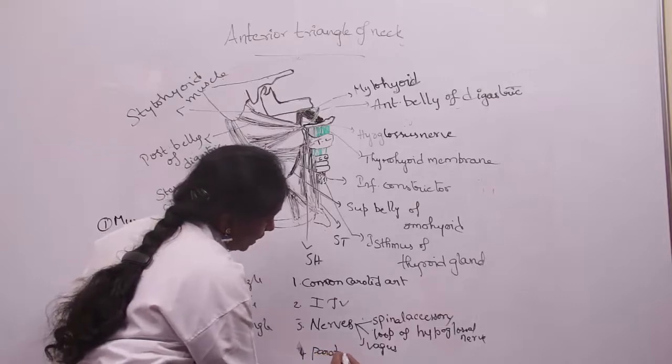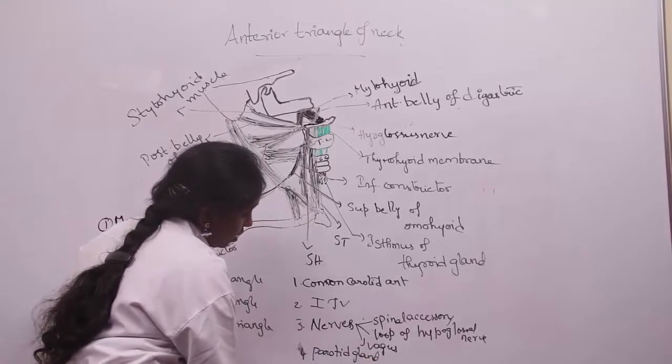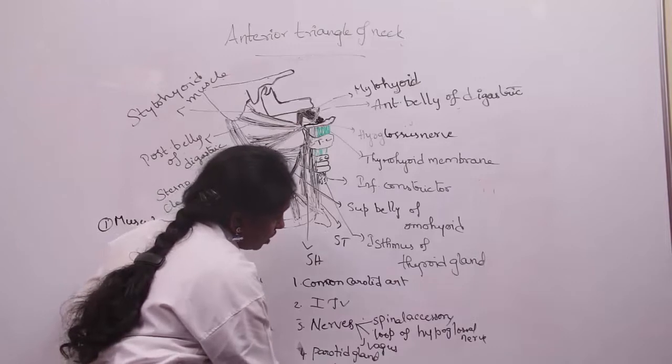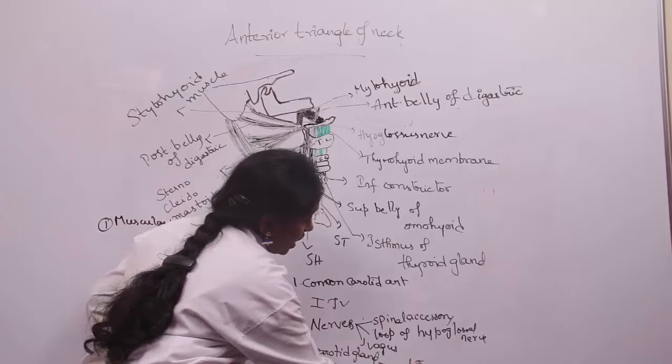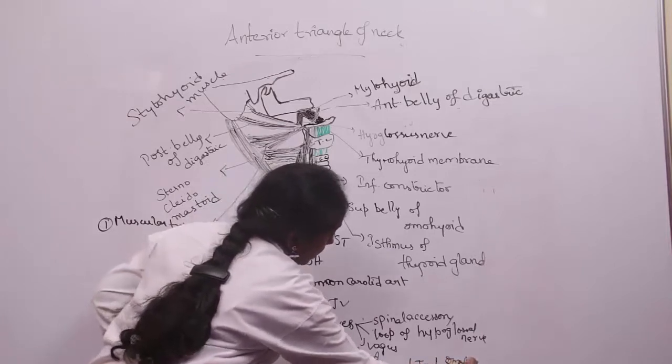Some part of the parotid gland is also seen in the carotid triangle, and jugulo-digastric and jugulo-omohyoid group of lymph nodes are also seen in the carotid triangle.